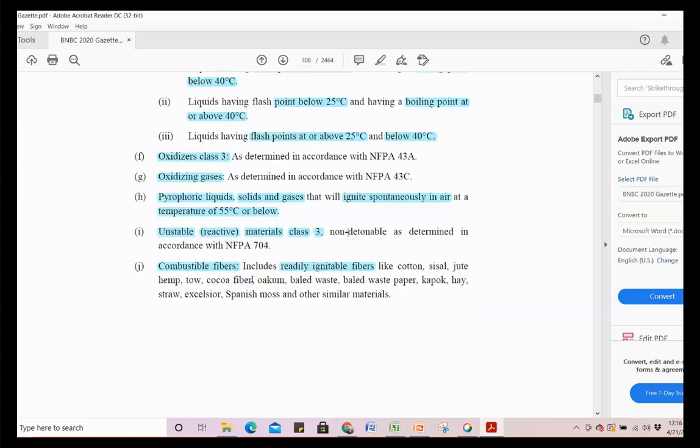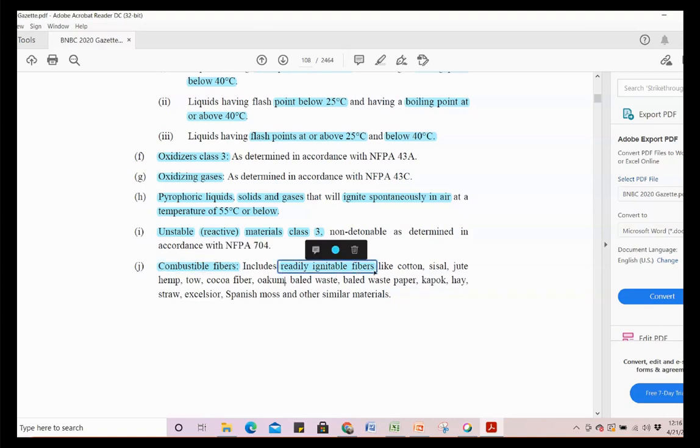So that is another hazardous material. Combustible fibers. This is very relevant to us in many industries or in many production areas. We use materials that fall into this category.